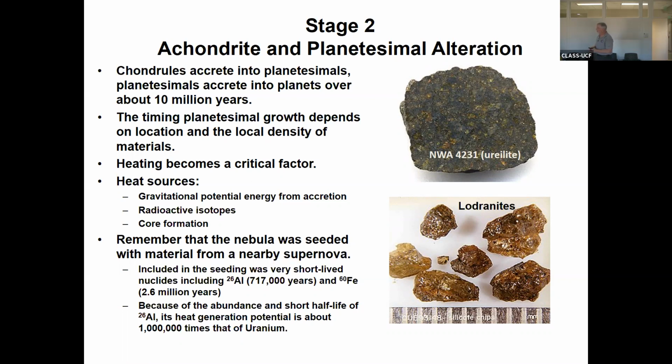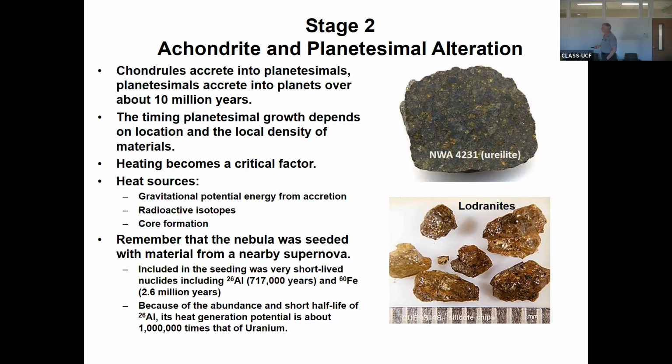Now, the nebula was seeded by the material from a nearby supernova. Things like aluminum-26, which has a short half-life, 700,000 years. That might not seem very short, but remember that if you're talking about accretion of the planetesimals into planets over a few million years, you're talking about going through enough half-lives to essentially eliminate aluminum-26 before that period is over.